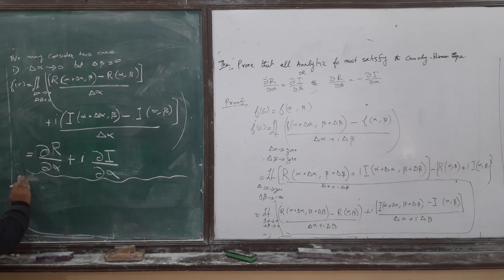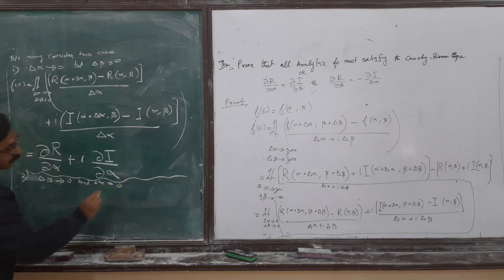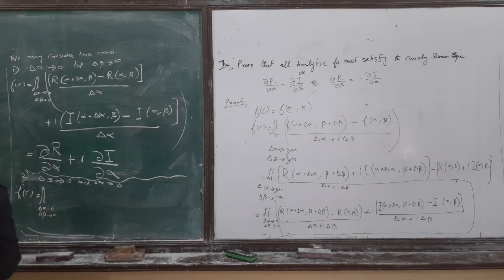Now, the second condition is delta beta approaches 0, but delta alpha is equal to 0. Okay. In this case, F'(C) is, yes, delta alpha is 0 and delta beta approaches 0. Okay.